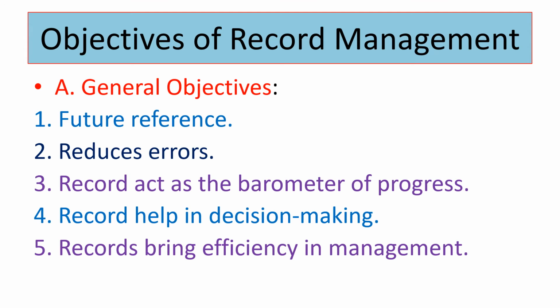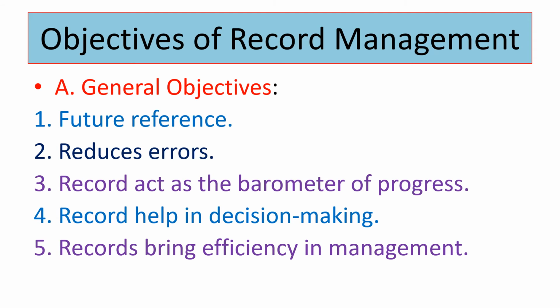The purpose of writing down and preserving records is to record the progress of the business. Records help in finding out areas of weakness. They help in comparing the results of two working periods, and also in comparing the organization with others.